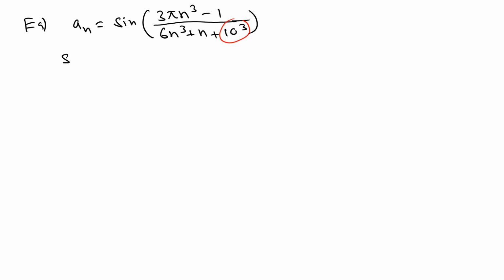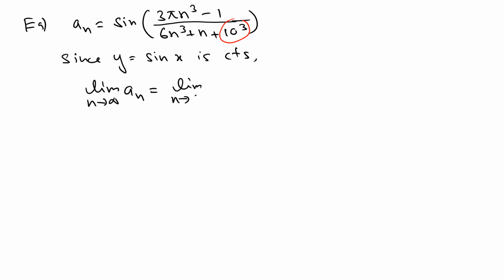So we can say since y equals sine x is continuous everywhere, then what we can do is the limit as n goes to infinity of a_n is simply, I'm going to write everything, so it's going to take some time, sine of (3 pi n cube minus 1) over (6 n cube plus n plus 10 to the 3).